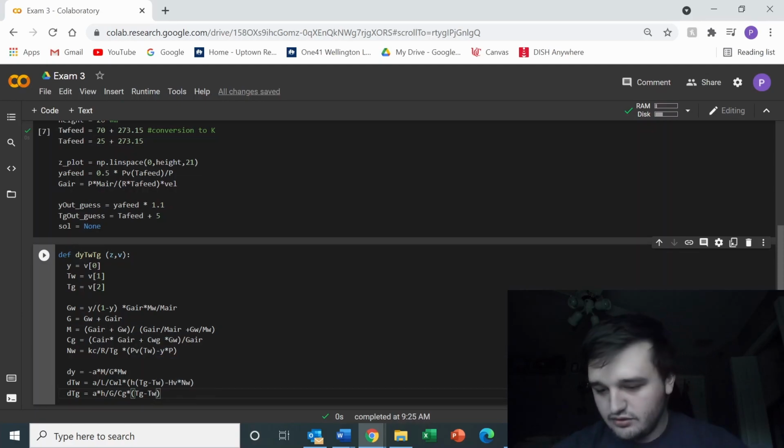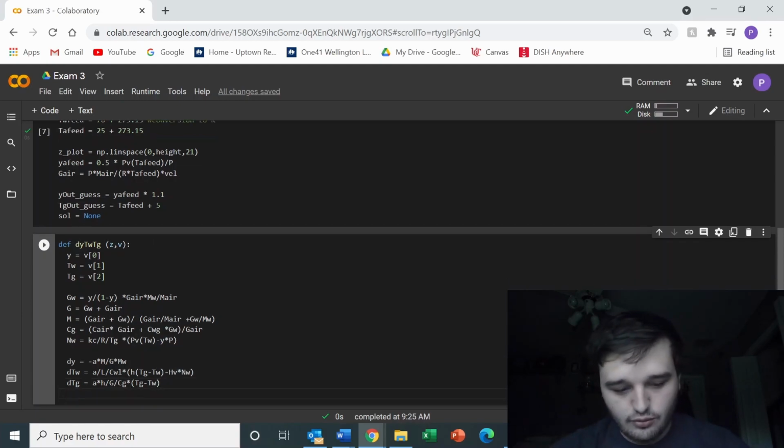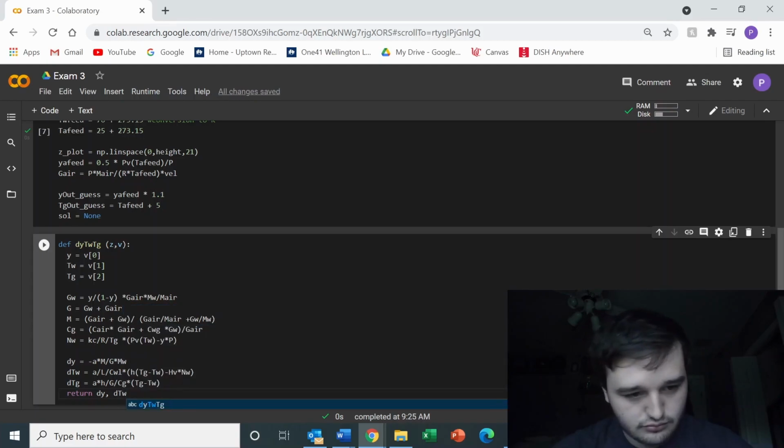Okay, so now it's a function, so we want to return those values. We want it to return dy, dTw, and dTg.